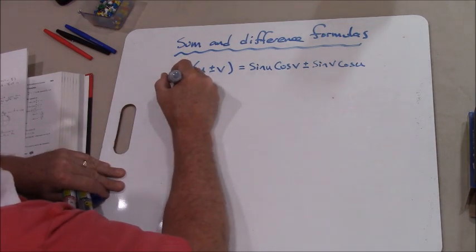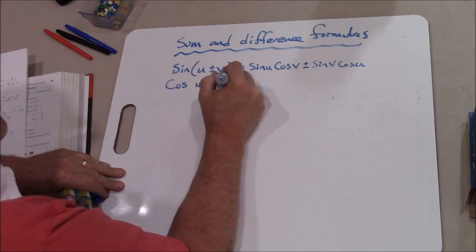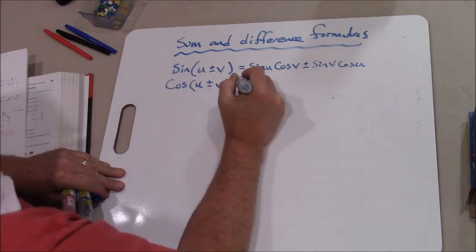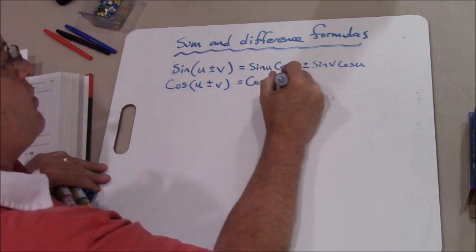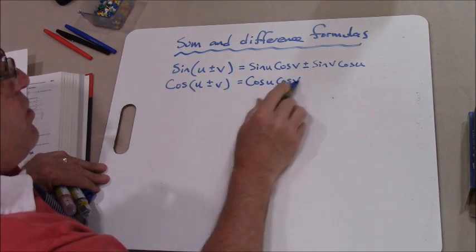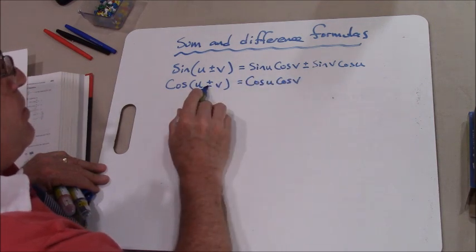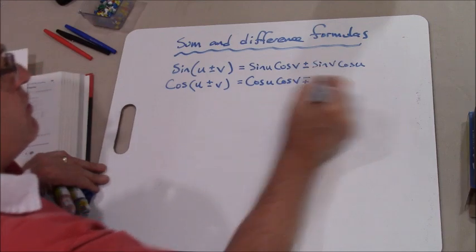For the cosine, it's a little bit different. Cosine of u plus or minus v is equal to, you would do the cosine of the first angle, cosine of the second, and then now you want the sign that's here to be opposite of what you see here. So we would say minus or plus.